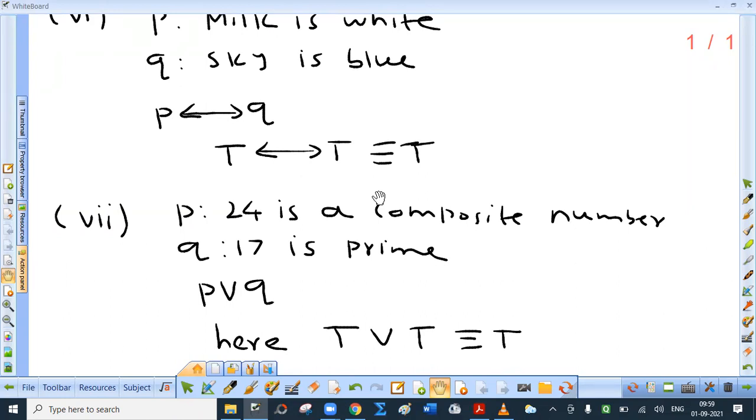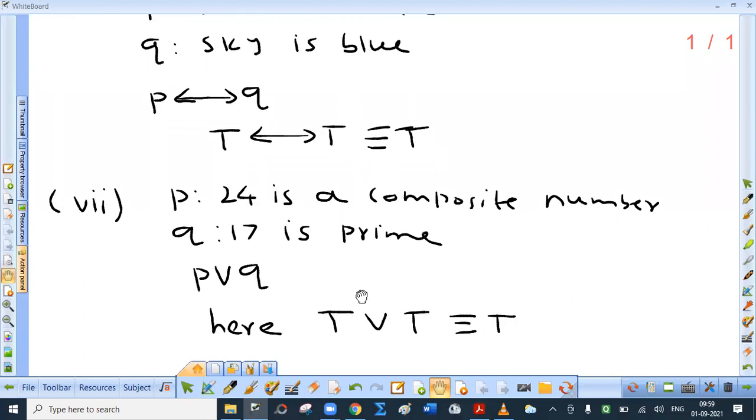Yes, 24 is composite. What do you mean by composite? In short, what is a composite number? A positive integer that has at least one divisor other than 1 and itself. So composite. 17 is prime? Yes. So true or true is nothing but true. So that's it for today.